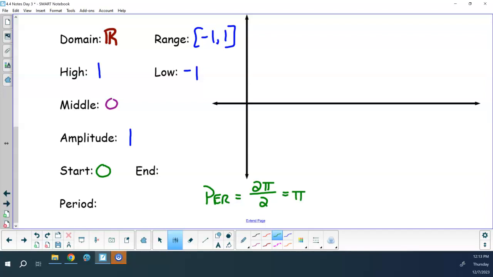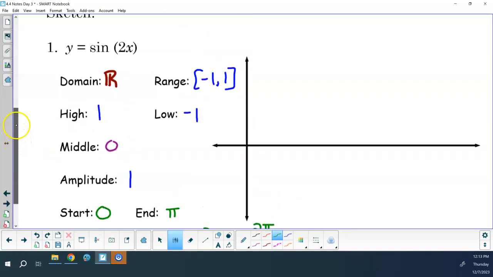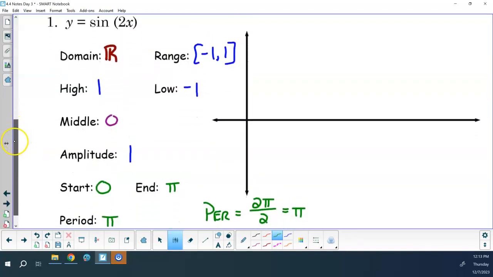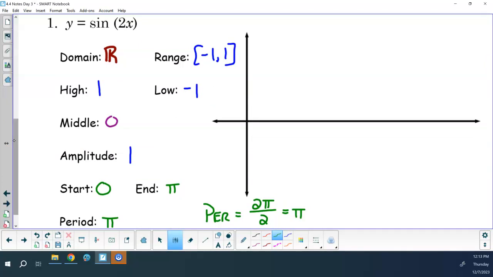So the period of my function is pi, which means that this function is going to end at pi. Okay. Positive sine curve starts where? Middle, then high, then middle, low, middle.